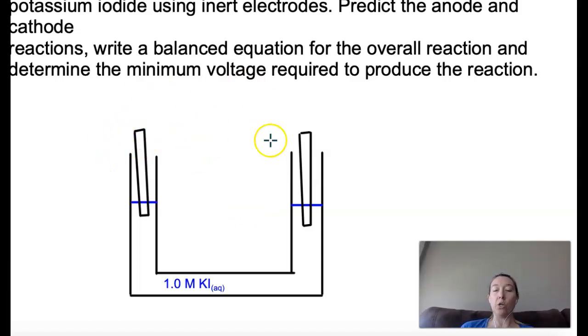So we're going to have two electrodes. In this case, they are going to be inert electrodes. The reason is that if I have a solution of potassium iodide, I can't use iodine as an electrode, because I2 solid, although it's a solid, doesn't conduct electricity. It's not a metal.